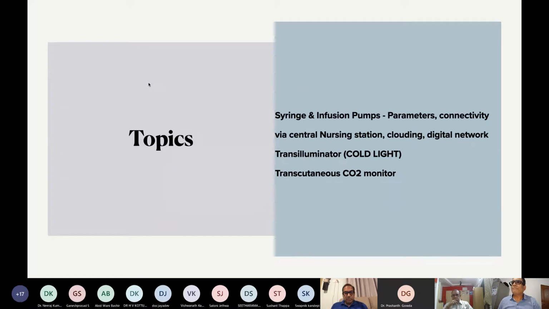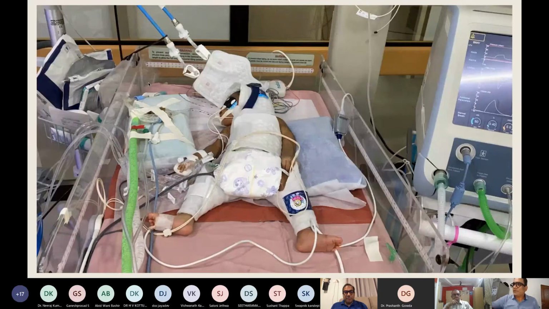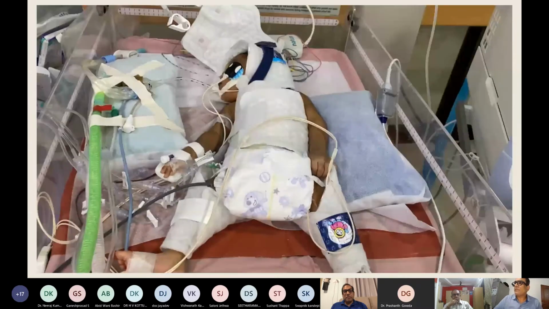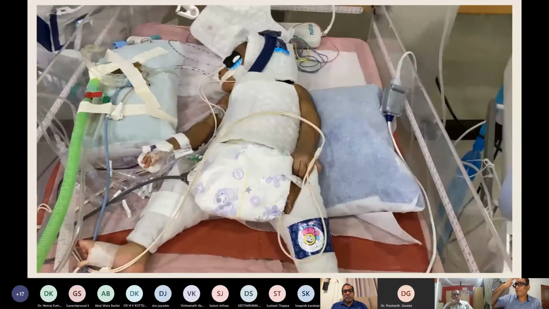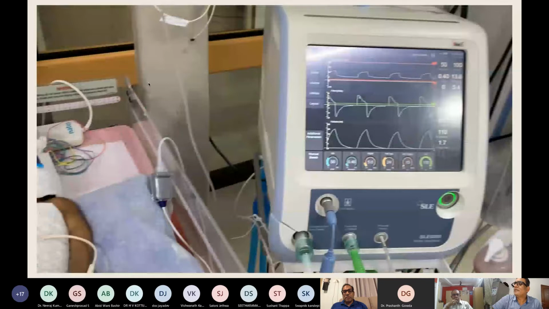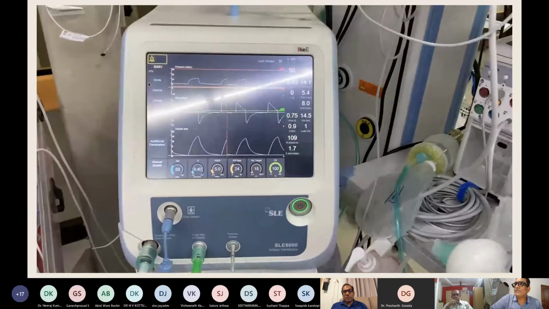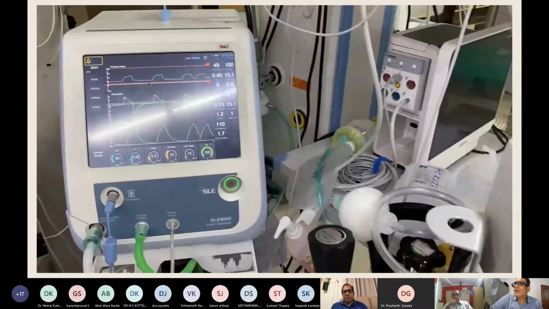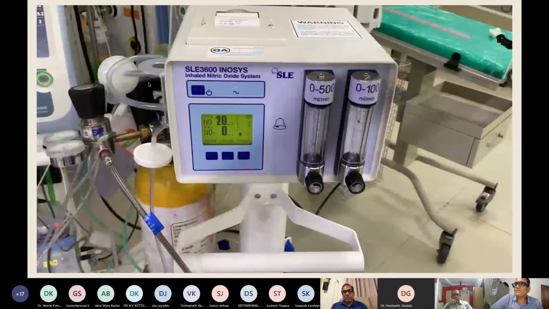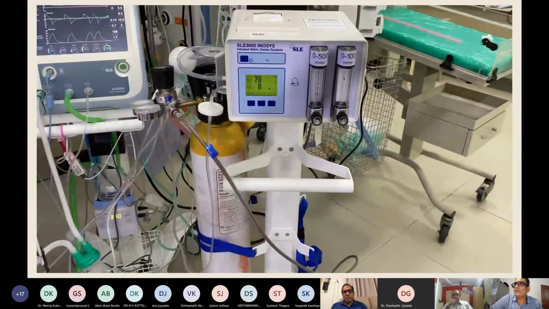Now, to begin with, this is a very sick baby in the neonatal intensive care. Many of you would have seen one. You can see that this baby has multiple devices connected. There is an SLE 6000 ventilator which is running, and this baby also has nitric oxide connected.